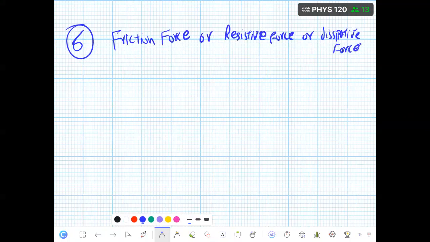And we show the friction force with this. What is the friction force? Any force that prevents an object from motion is called friction, dissipative force, or resistive force. And it depends on the quality of the object which has a contact point with any other object. One thing that is important: we have force when there is an interaction.